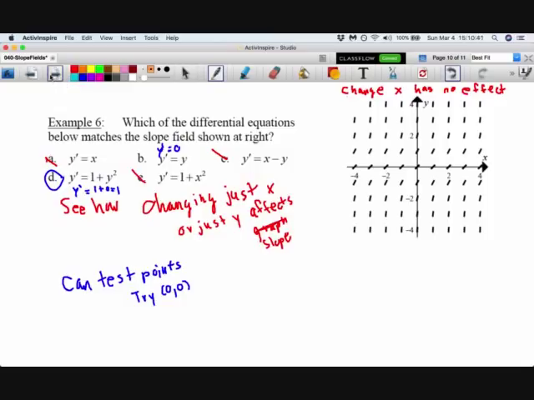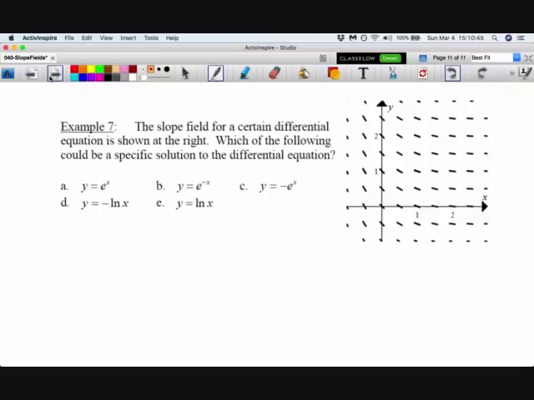Here we go with one other style of differential equation. Multiple choice. The slope field for a certain differential equation is shown right here. Which of the following is a specific solution to the differential equation?